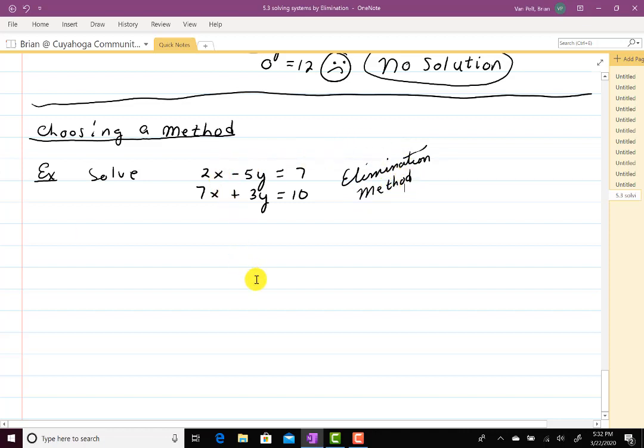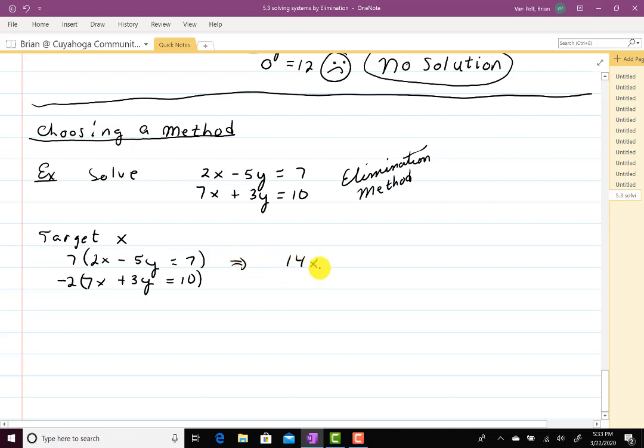And so you would proceed just like you would. I would target x first. So I have 2x minus 5y equals 7, 7x plus 3y equals 10. And then as usual, I see the 7 and a 2 out front. So I'll multiply the first by 7 and the second by 2, and then check the signs. I have a positive 14x in the first equation, a positive 14x in the second equation. That won't do, so I'll force the second equation to have a negative 14x.